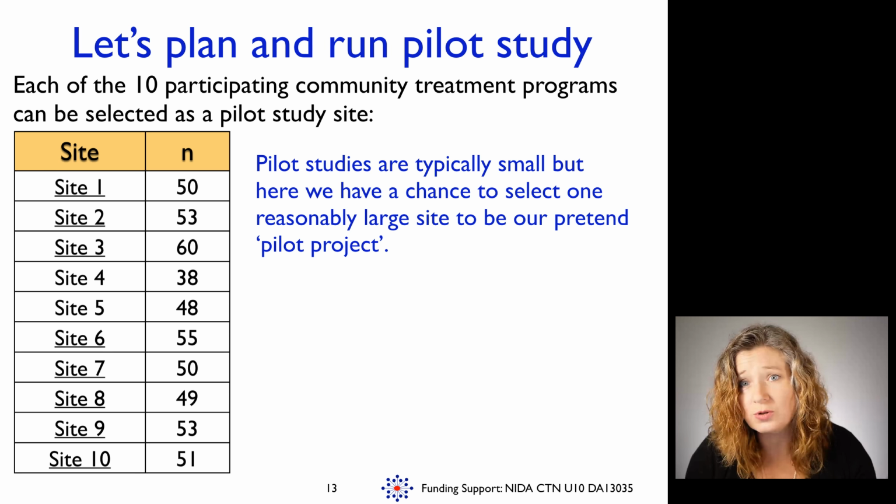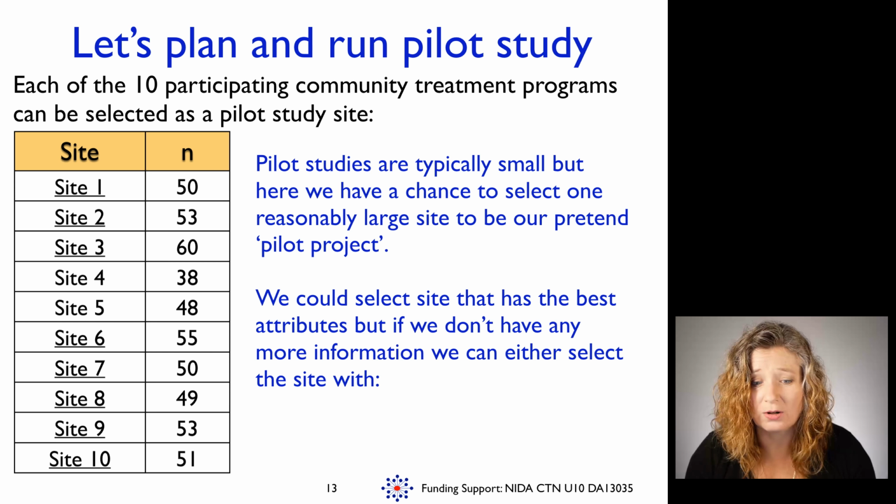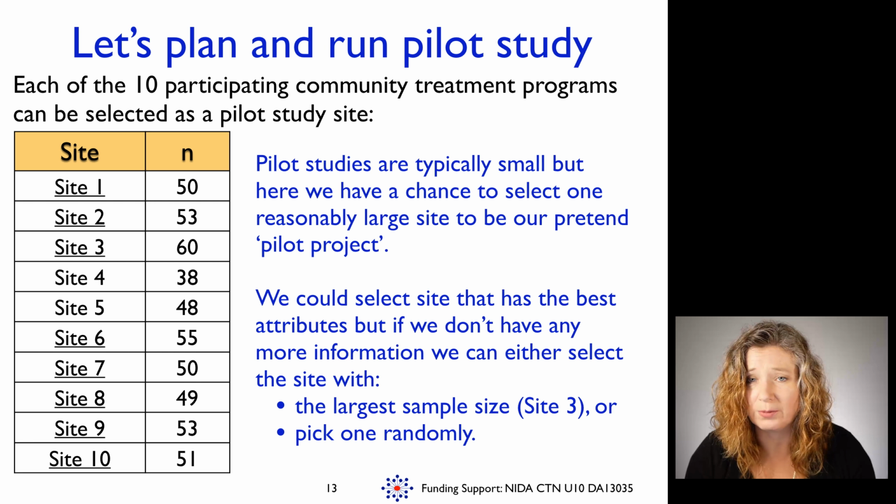We would assume that because we have such a large pilot study, the results will be pretty close to the truth, and we can rely on the effect size from our pilot study to inform a large R01 power computation. So we will start with site number 3 because it is the largest site, and then we will pick several sites randomly to see what will happen.